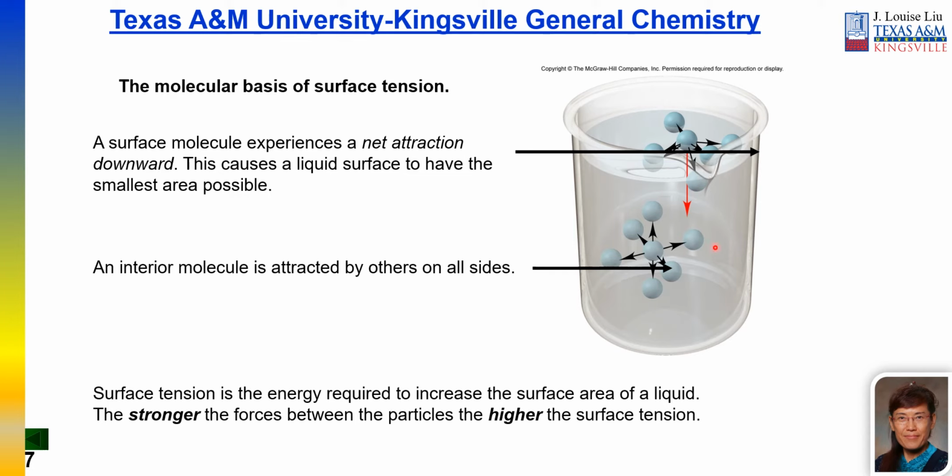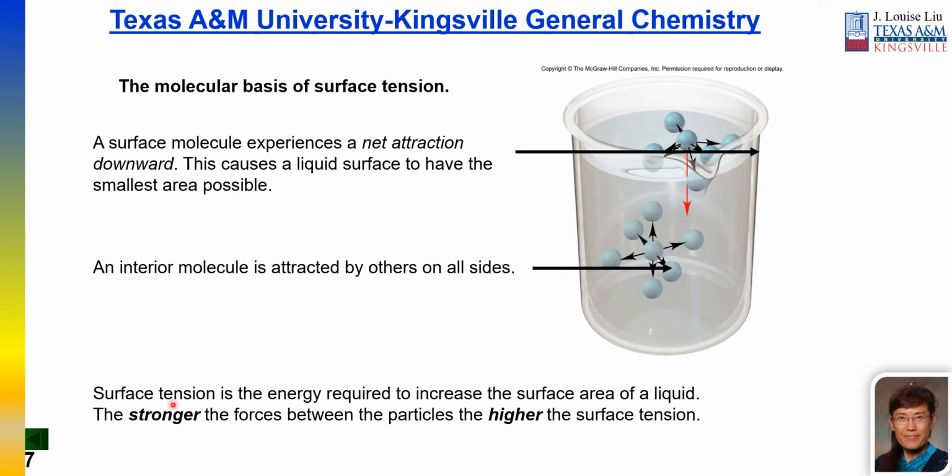The interior molecule is attracted by the other molecules in three dimensions. And then this molecule in the middle does not experience or is not subject to the net attraction. All these attractions cancel out.